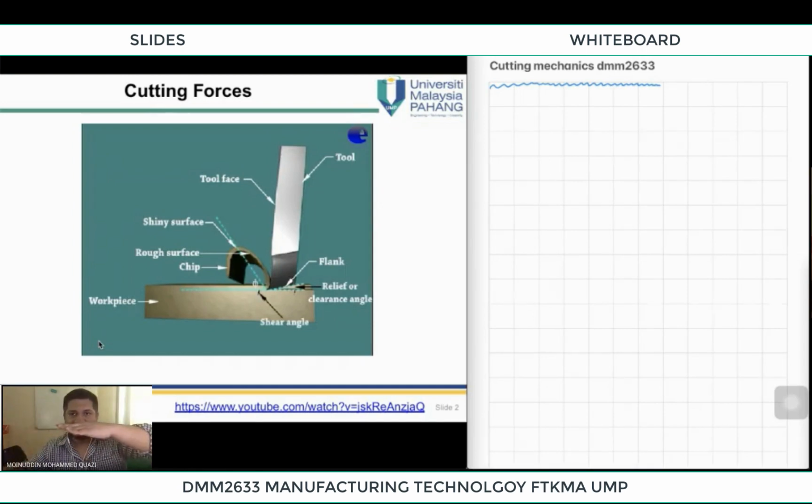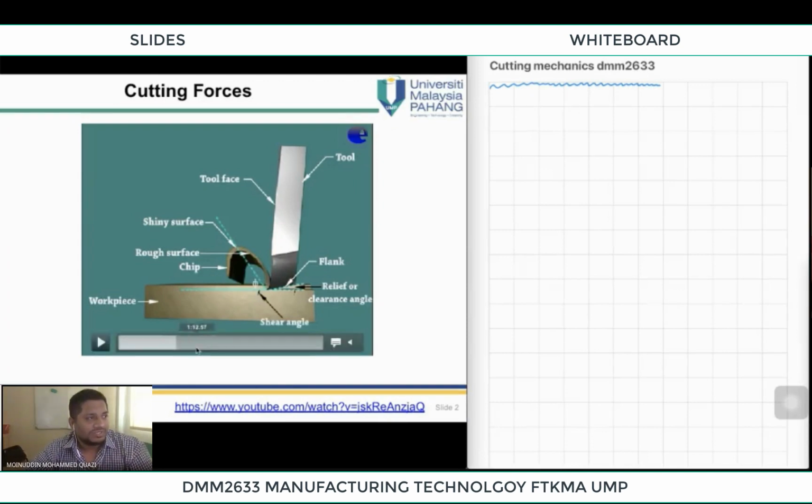This is the workpiece, this is the tool. When the tool is touching and doing the cutting operation, the angle from here to here is the relief angle or clearance angle. As the tool is moving, the chips are produced at an angle called the shear angle, the angle between the workpiece and the chip.